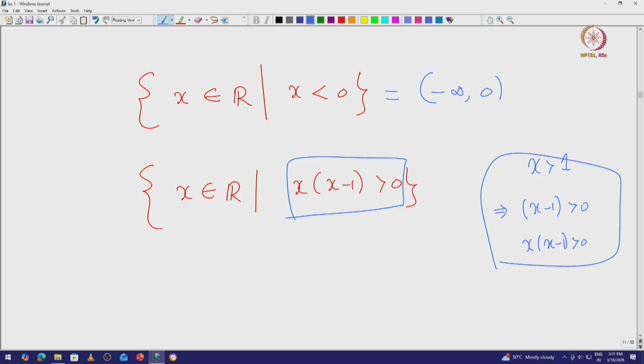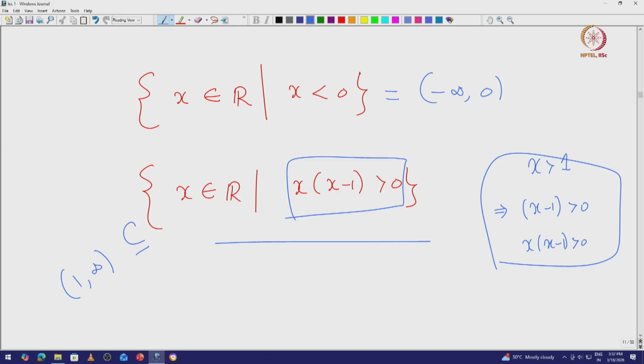So this argument tells us that the interval 1 comma infinity is definitely going to be in this set. But 1 cannot be there: if x equals 1, then 1 times (1 minus 1) is 0. So 1 is not there, but can anything else be there? I will leave it to you to find out exactly what this set is.